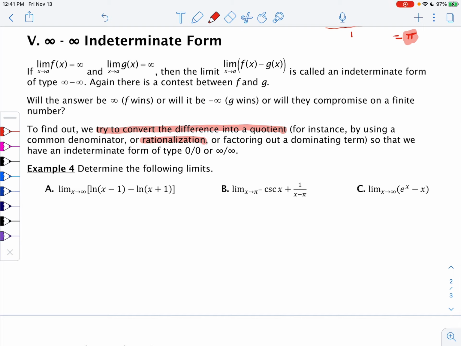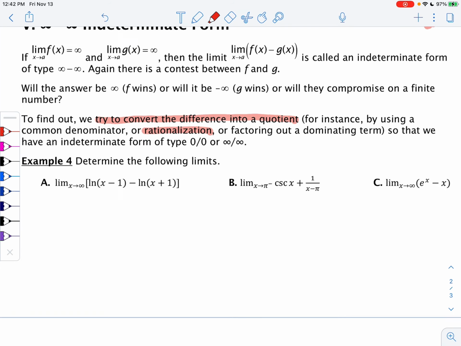We might want to multiply by a special version of 1, the conjugate. Or we might want to use properties of logarithms, like in the first example here. So it's about manipulating your expression to get to a place where you can calculate the limit and eliminate the infinity minus infinity. So let's start with the first one.